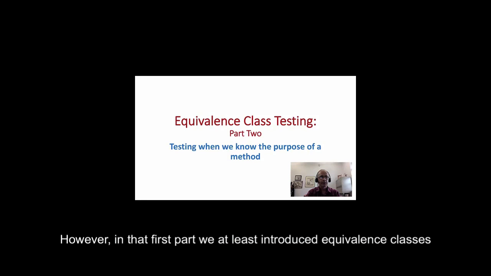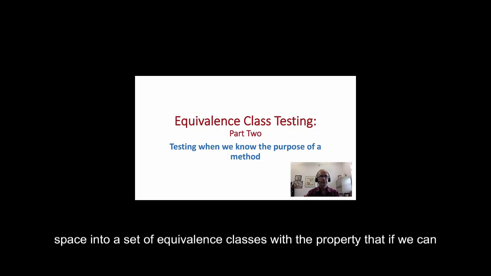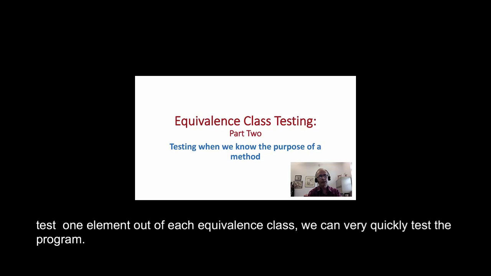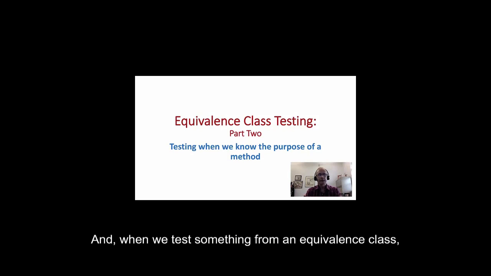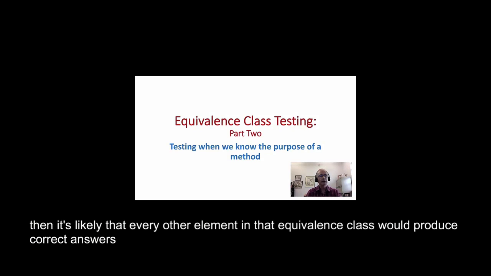However, in that first part, we at least introduced equivalence classes, and you now know that the idea is to divide the input space into a set of equivalence classes with the property that if we can test one element out of each equivalence class, we can very quickly test the program. And if, when we test something from an equivalence class, that data element works correctly, then it's likely that every other element in that equivalence class would produce correct answers.